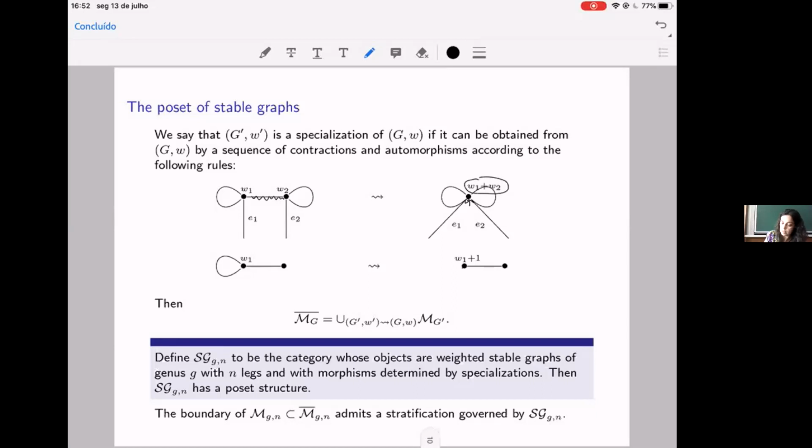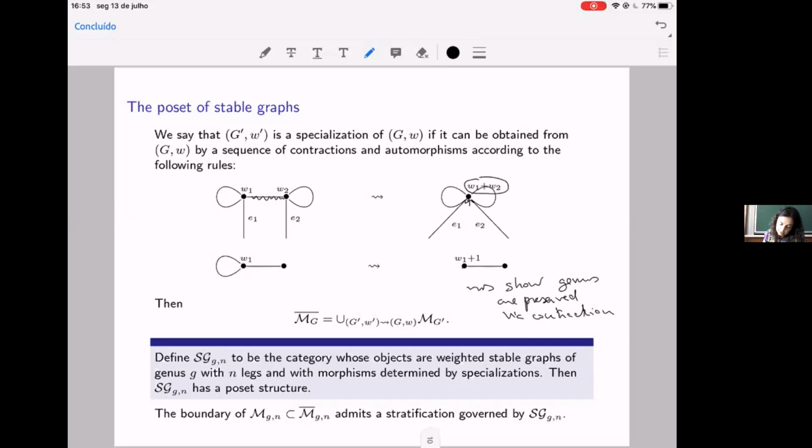There's going to be the exercise session tomorrow, and one of the exercises is to show that the genus of the graph is preserved via the contraction. There are lots of things that I am not explaining very well, and I hope they will be better understood in the exercises tomorrow.